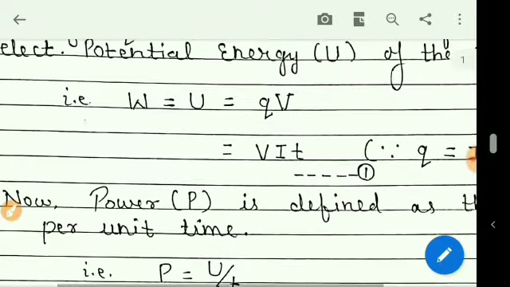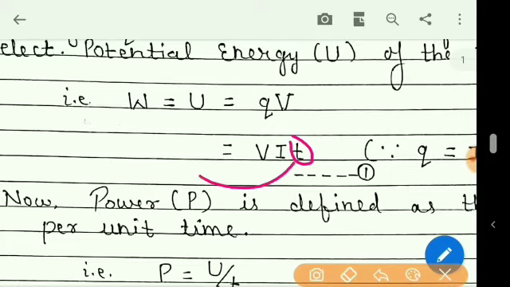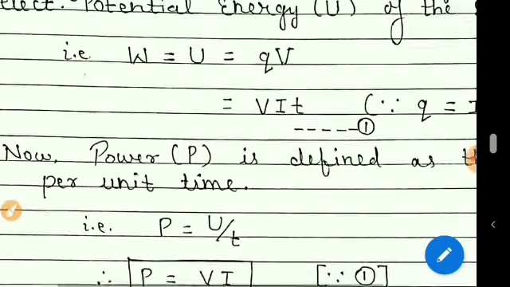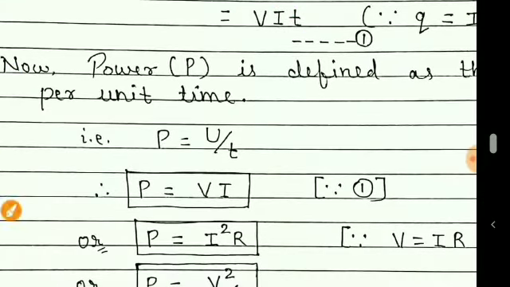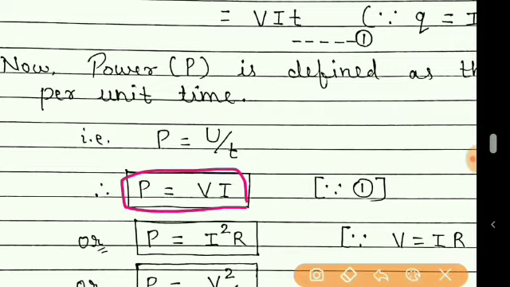Simply you can see here, if we bring this time from the right hand side to the left hand side, then it will be energy upon time. So that is power, and what remains here? V into I. So power P is equal to V into I. This is one form of the equation of power which relates V and I.